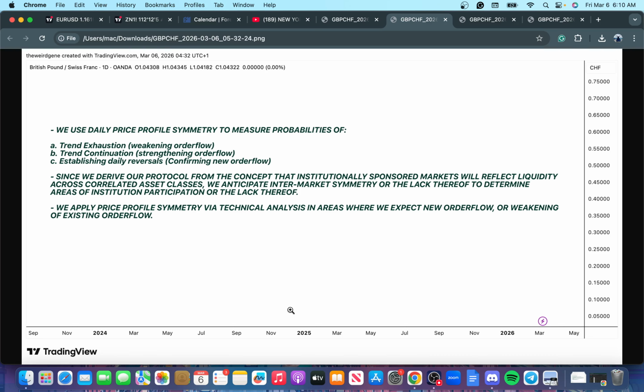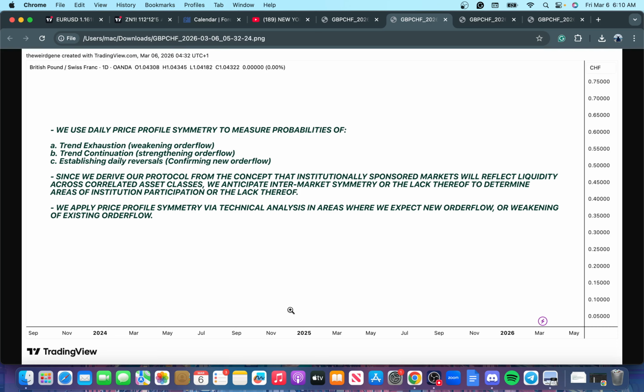When we see that lack of correlation between supposedly correlated asset classes, that typically indicates that we're no longer seeing strong institutional sponsorship. So we're seeing a lack of institutional sponsorship. And that is really crucial to anticipating the likelihood of continuation when we see the market trade up or down into higher time frame liquidity pools.